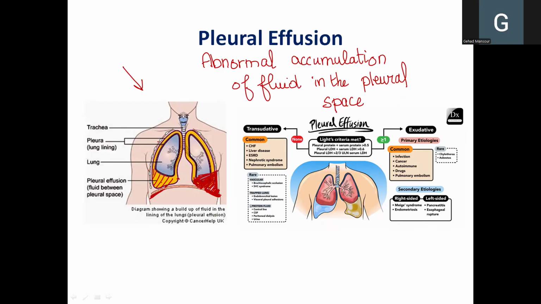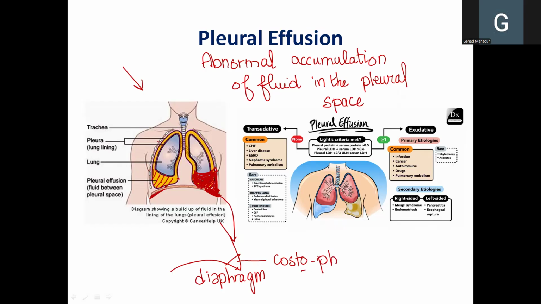And as we said before, the upper level of the fluid is usually concave. This angle between the diaphragm and the chest wall is called the costophrenic angle.